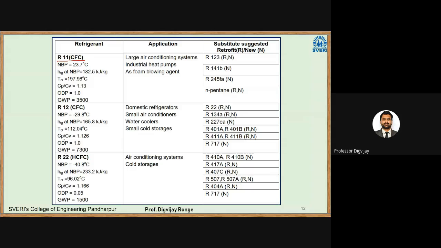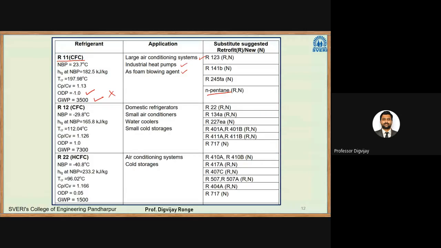Its ozone depletion potential is 1 because it is a CFC, and its global warming potential is 3500. Previously it was used for large air conditioning systems, industrial heat pumps, and as a foam blowing agent. Now we are using substitutes R123, R141B, R245FA, and pentane.